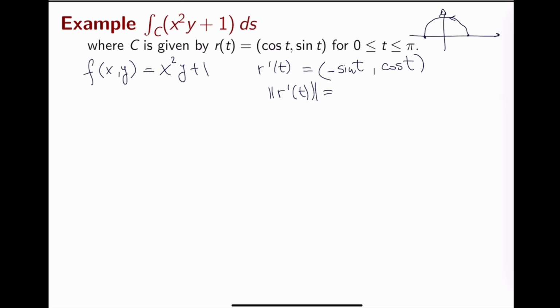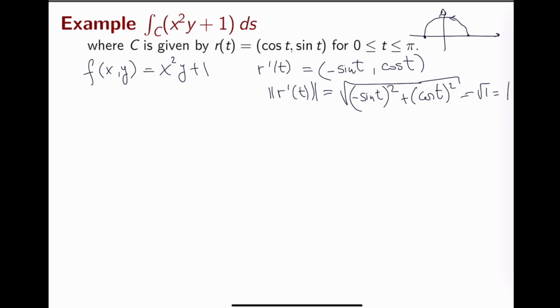To calculate the norm, we just take the square root of the first component squared plus the second component squared. In this case, this is just the root of sine squared plus cosine squared, that is the root of 1, which is 1.